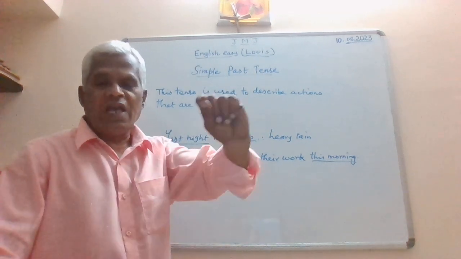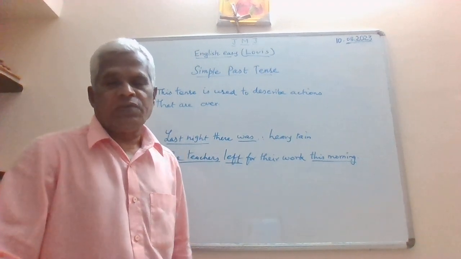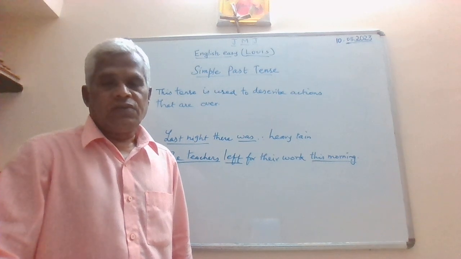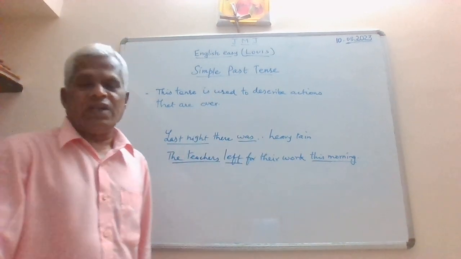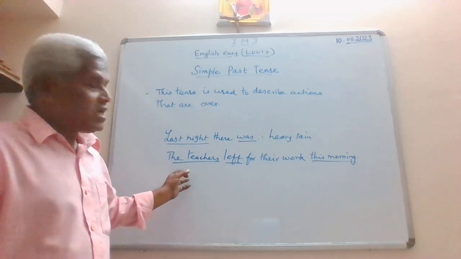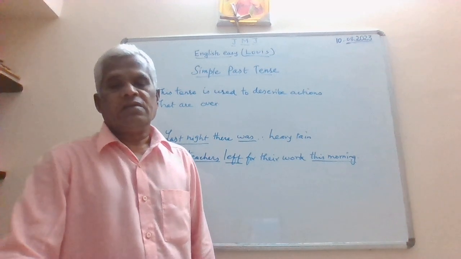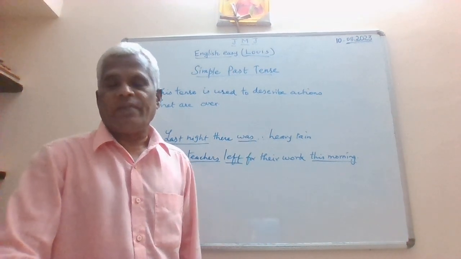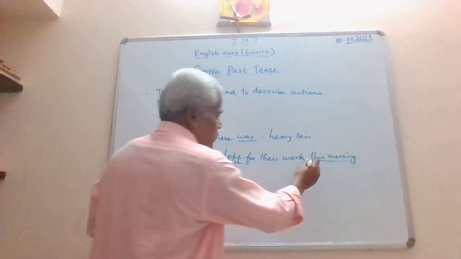The noun rain can also be used as a verb there. Rain, rained, rained. You can use past tense. So last night we had a heavy rain. Now look at the next sentence here. The teachers left for their work this morning. When did the teachers leave for their work? In the morning.